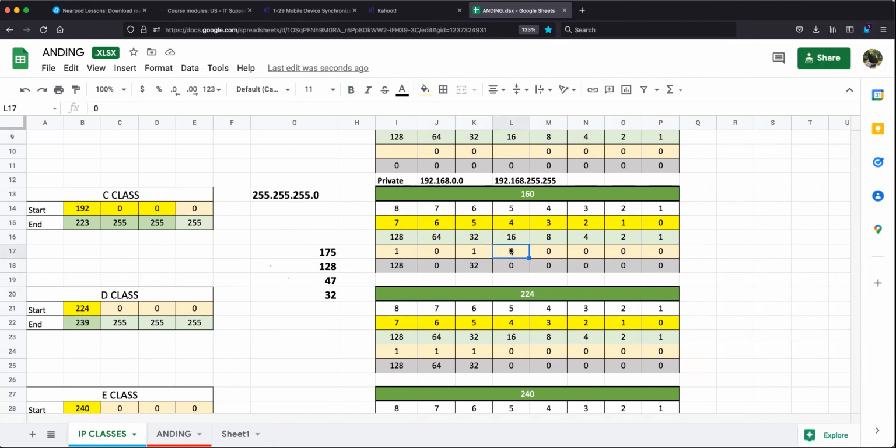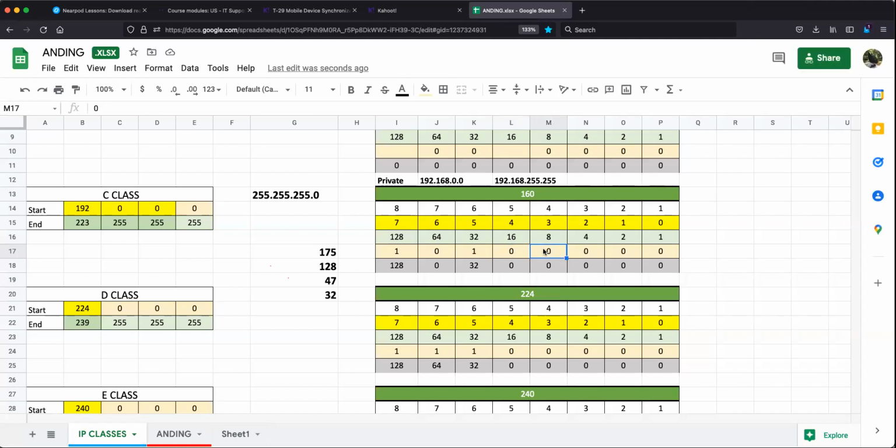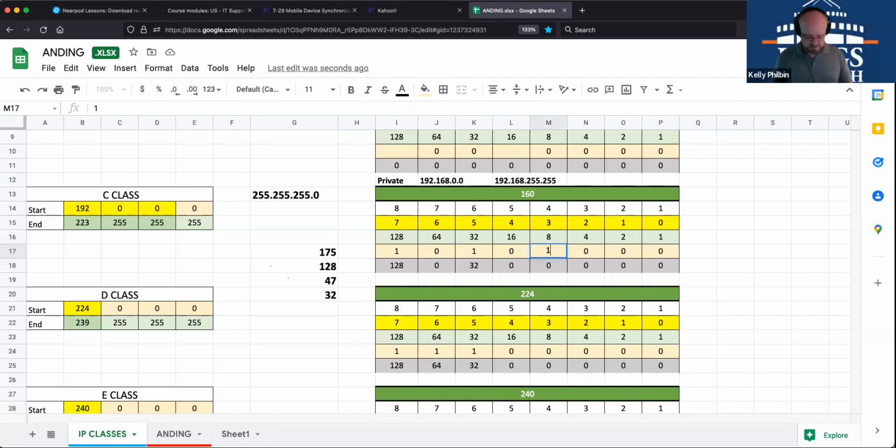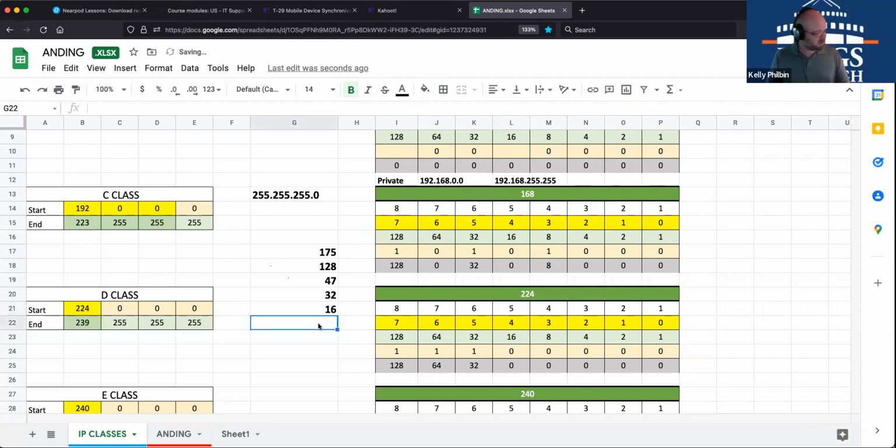All right, can I subtract 16 from 15? No, so what do we do? That's a 0. Can I subtract 8 from 15? Yes. All right, what do I do? That's a 1. Excuse me, that was 15.